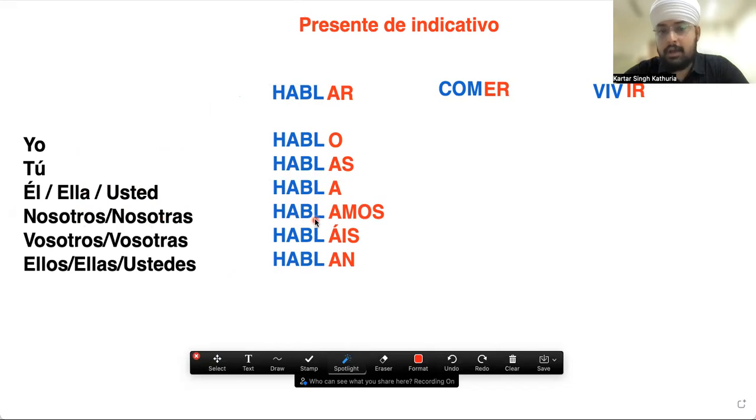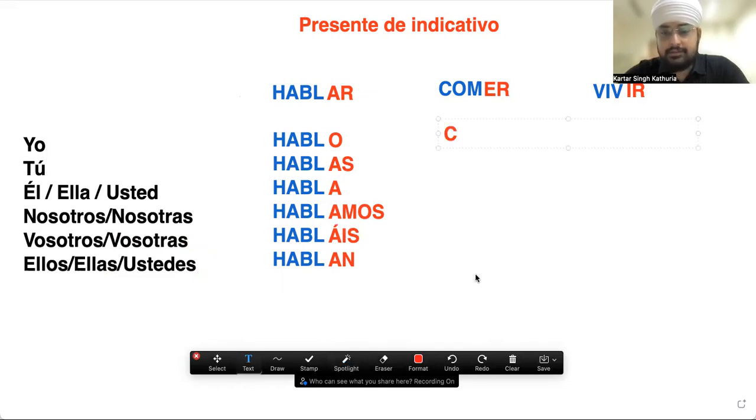Nosotros, nosotras hablamos. We speak. Vosotros, vosotras habláis. You all speak. Ellos, ellas, ustedes hablan. Ellos, ellas, they speak. And ustedes, you all speak in a formal way. Vosotros, vosotras in an informal way. I hope that's clear.